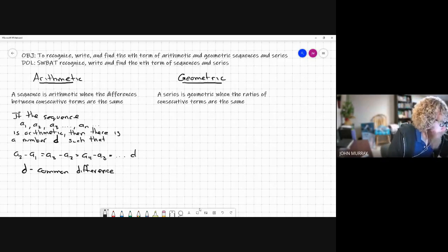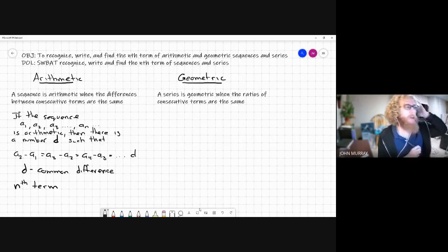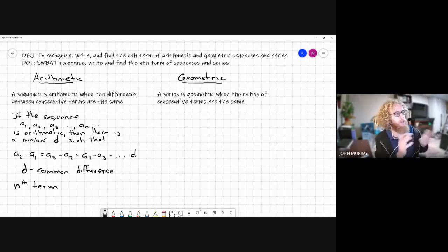All right. So we can take some of the properties of sequences and the fact that an arithmetic sequence has a common difference, and we can find the nth term, which means that we can find any term in the sequence, and it doesn't matter if we're given the term before.